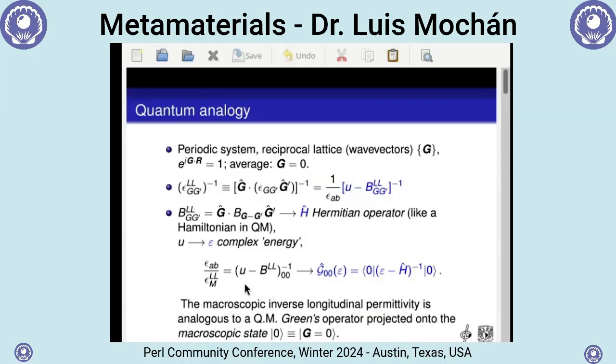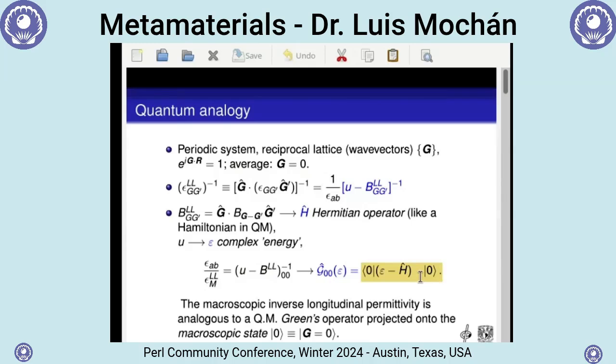So to get the macroscopic response, the inverse of the macroscopic response is the 0,0 component, because taking the average is the same as taking the reciprocal vector equal to 0. That means taking fields that oscillate very slowly in space. So it is like projecting onto the 0 state of the inverse of U, a complex number, minus B, LL, which is a Hermitian operator. And that looks like the projected Green's function in quantum mechanics.